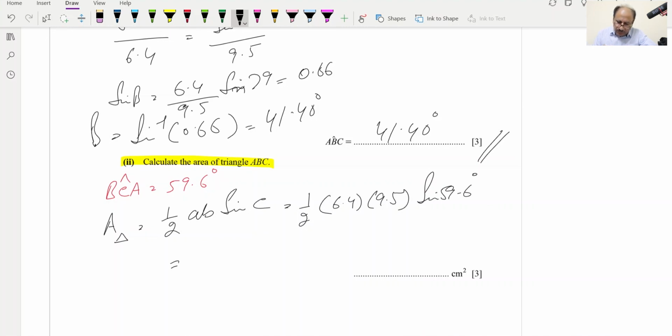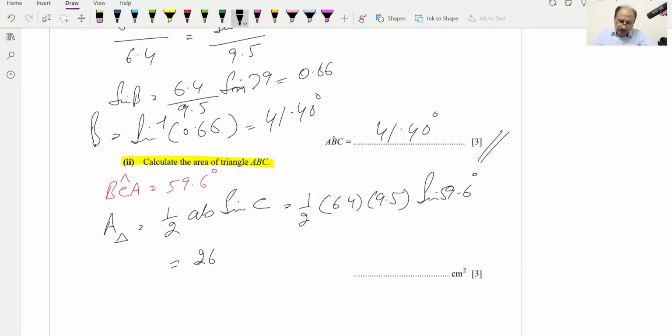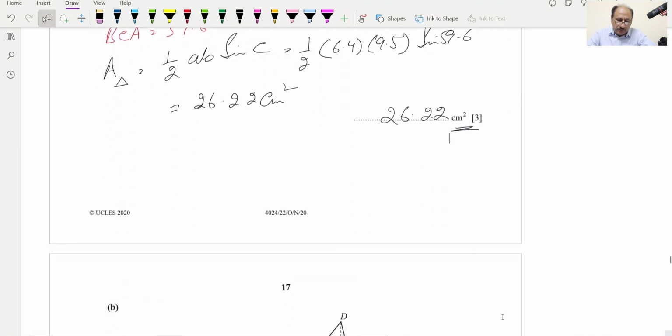This is equal to 0.5 into 6.4 into 9.5 into sine of 59.6, which is equal to 26.22 centimeter square. This was the 3 marks part which we have done.